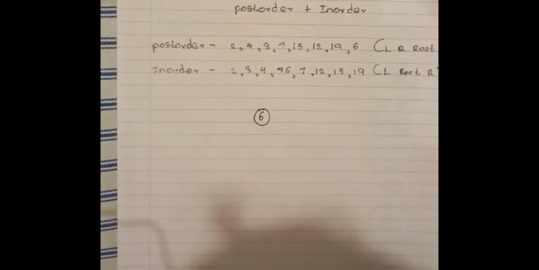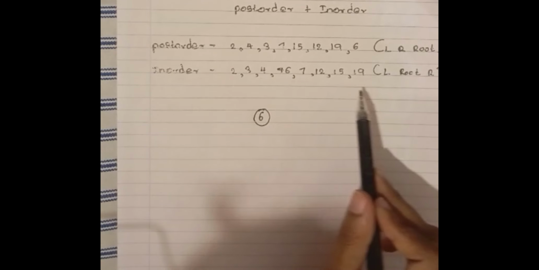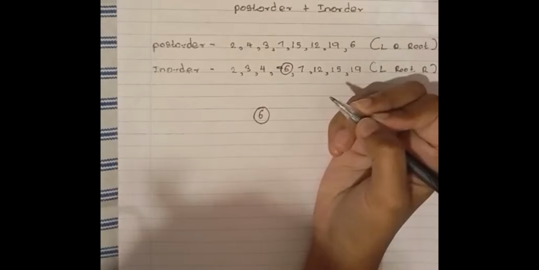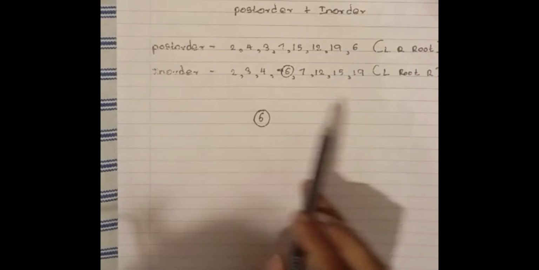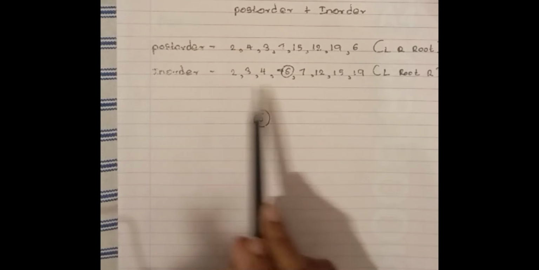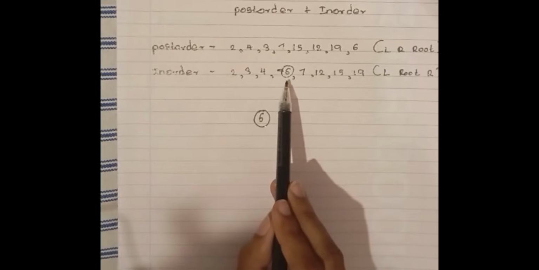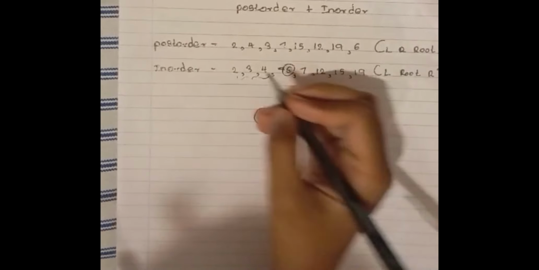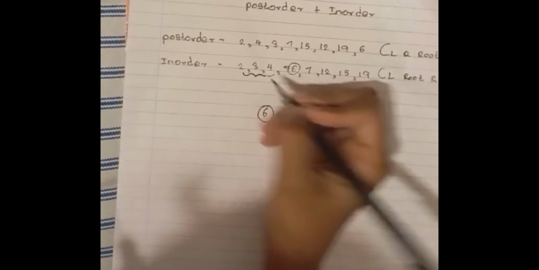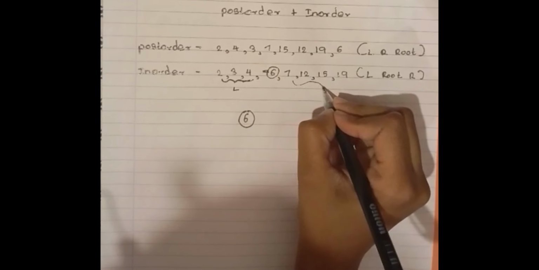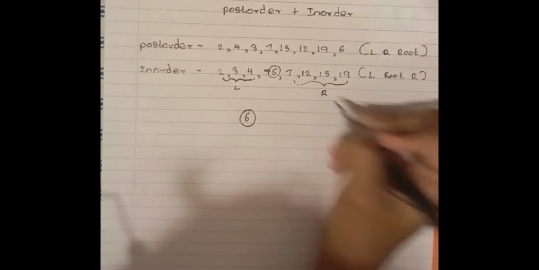In Inorder, let's find where 6 is located. And here's the 6. 6 divides the sequence into left and right. This is the root, and these are the left side values, and here the right side values.